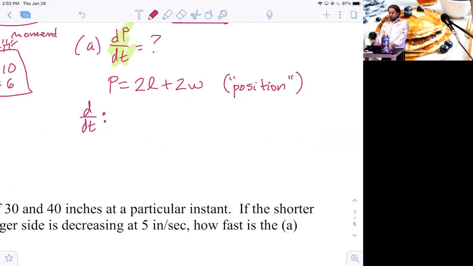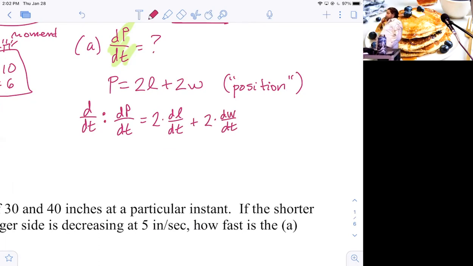So what's the derivative of P with respect to t? Well, dP/dt equals, what's the derivative of 2L? Well, it's 2 times the chain rule, dL/dt, plus the derivative of 2W is 2 times the chain rule, dW/dt.